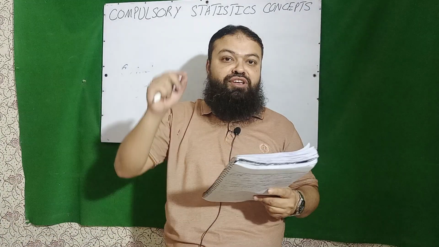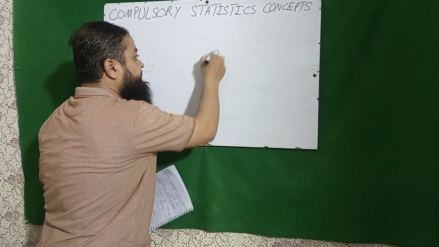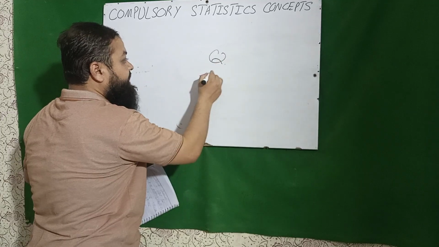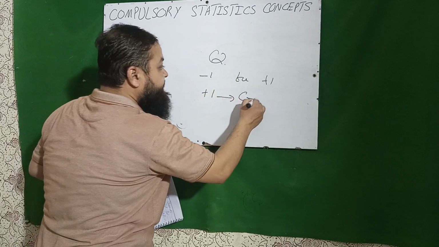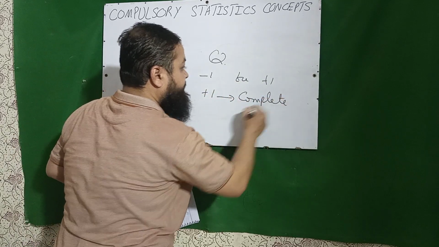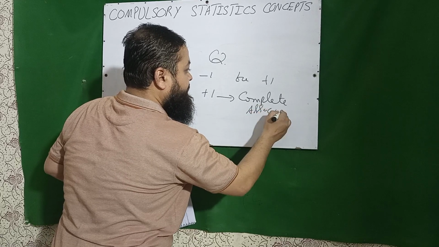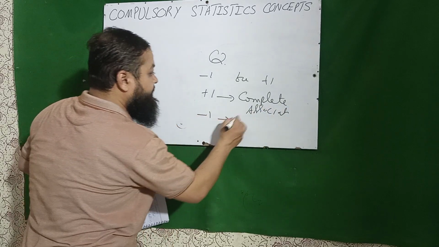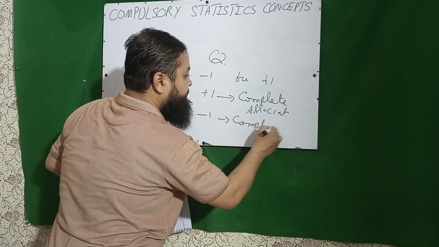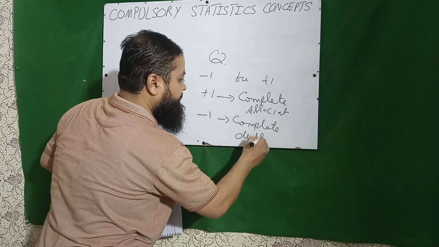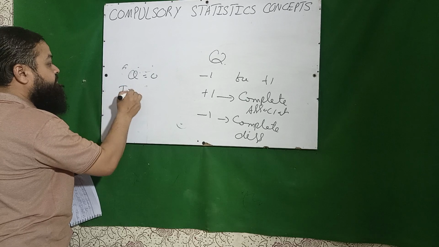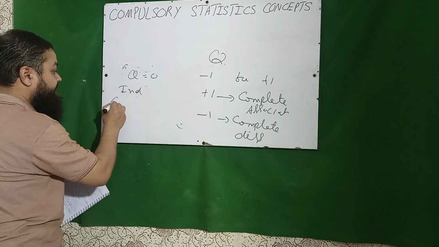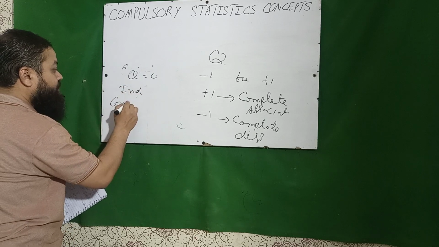The coefficient of association is denoted by, it can be asked in the exam, Q. Its range is -1 to +1. +1 means complete association. -1 means complete dissociation. Q is equal to 0 means attributes are independent, and it was introduced by George Yule.